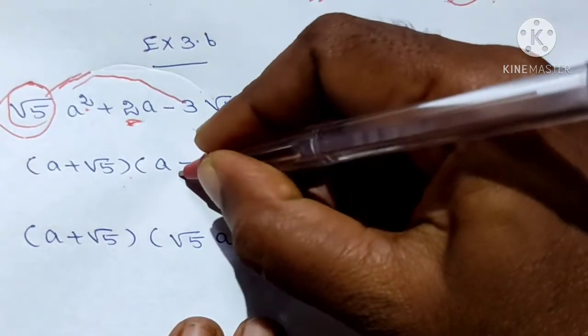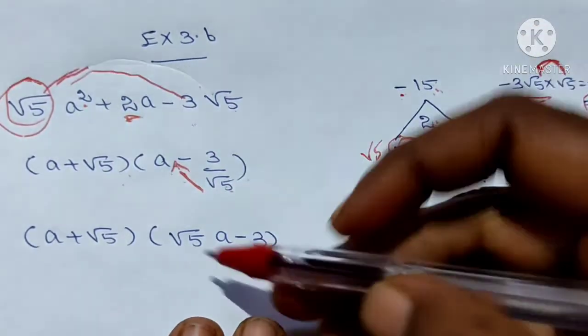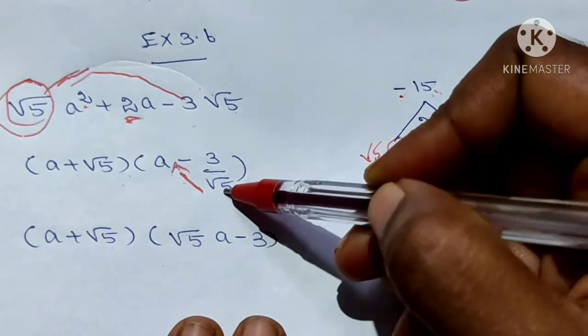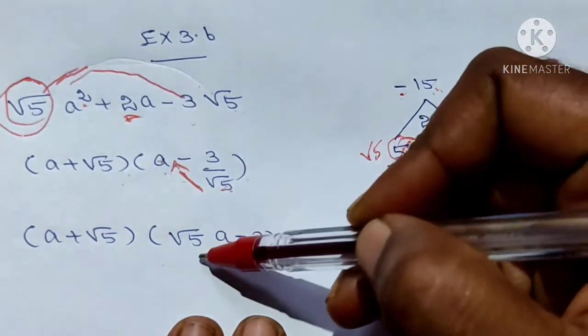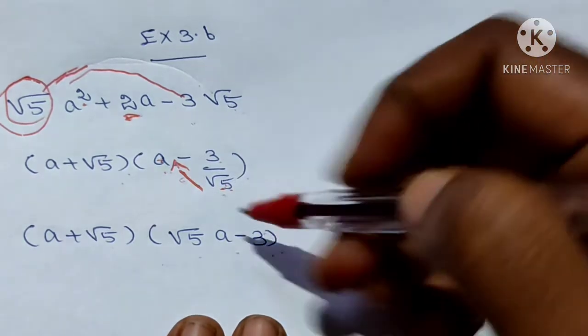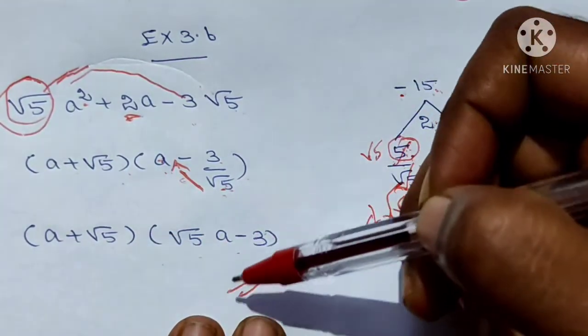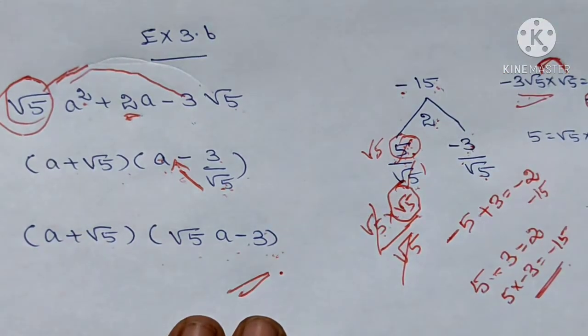Then take the cross product: a into root 5. So a plus root 5 into, the cross product is root 5a minus 3. So the factor of the question is a plus root 5 into root 5a minus 3.